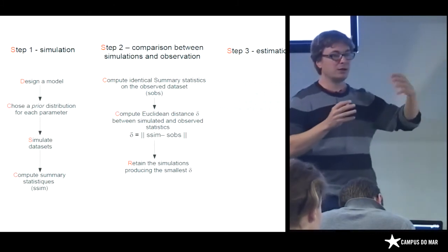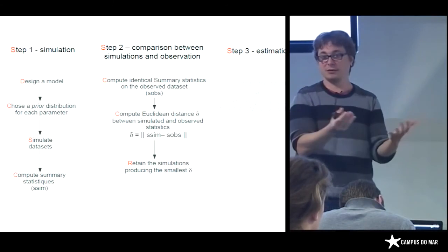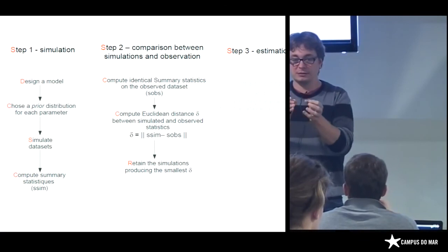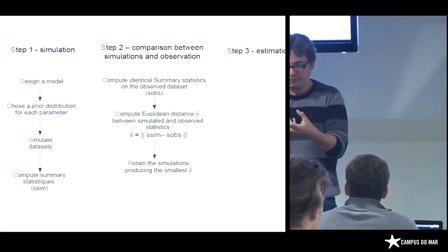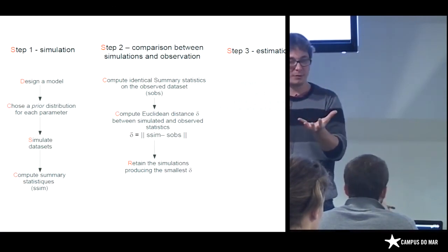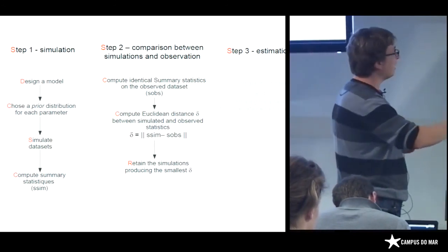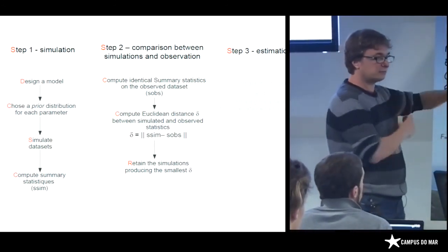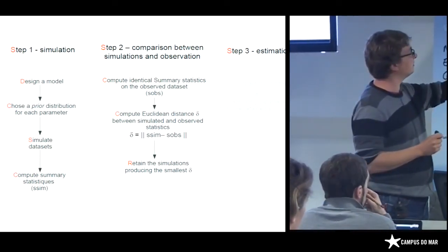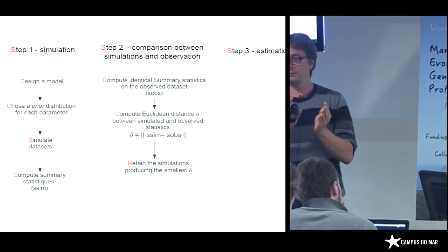The bigger the Euclidean distance, the less likely is the model simulated, and the shorter the Euclidean distance, the more you have been able to obtain the same summary statistics as your observed data set. And you have a criterion, there are many, I will not enter into the detail, to retain the simulations that produced the smallest Euclidean distance. Okay.